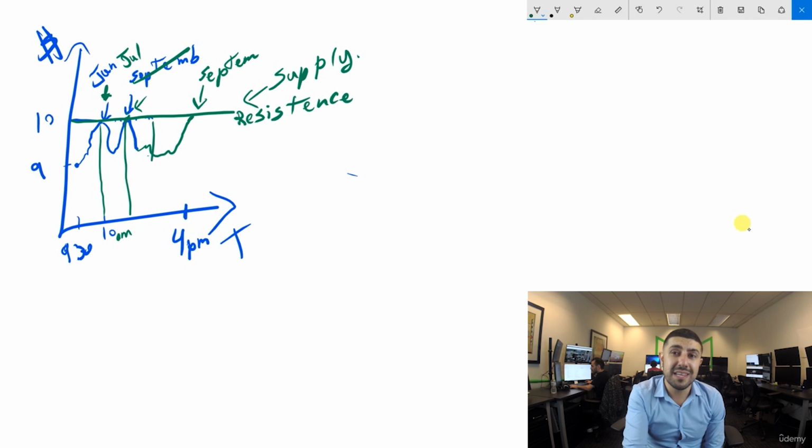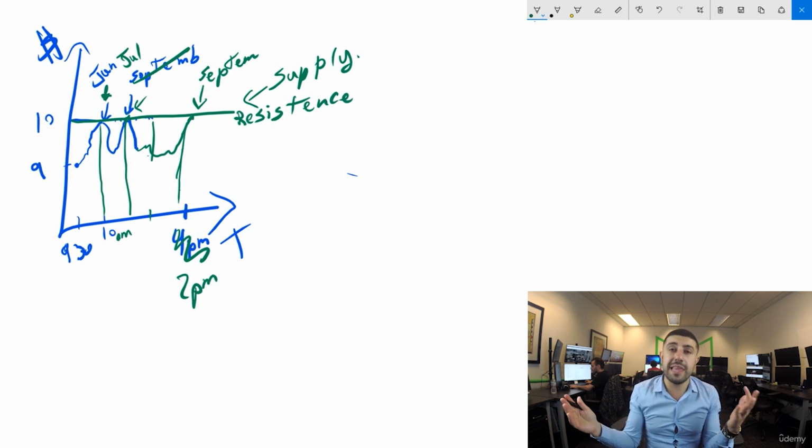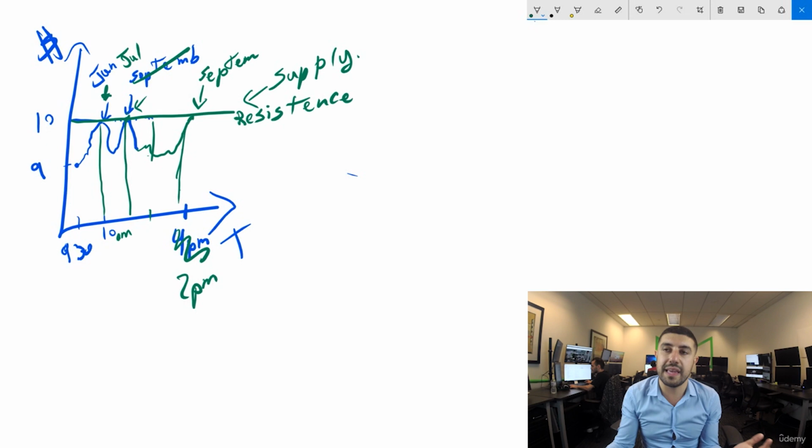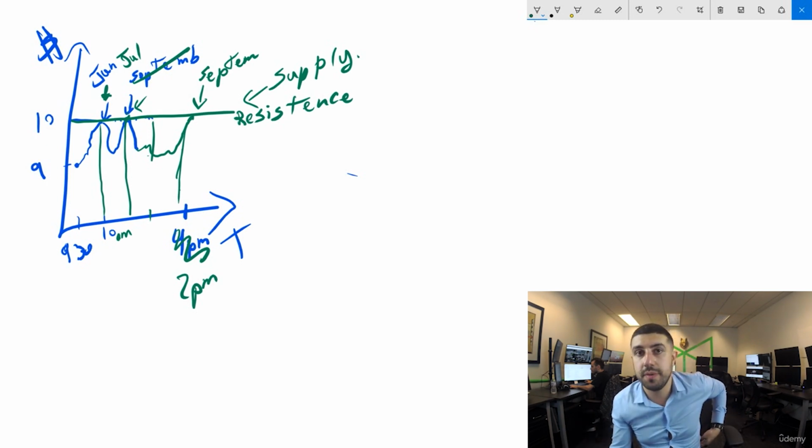Let's call this 2 p.m., a few hours later, if it goes back there, it's still very likely that the seller is still there and that this resistance is still going to be there, right? So it's actually stronger in the shorter term, because in the shorter term, whatever caused that double top is still there. It's very unlikely that it's not there anymore, okay?